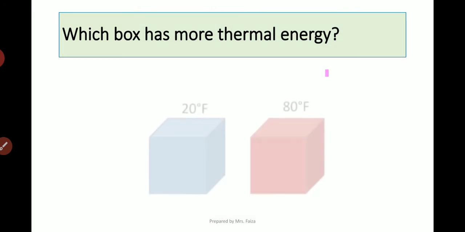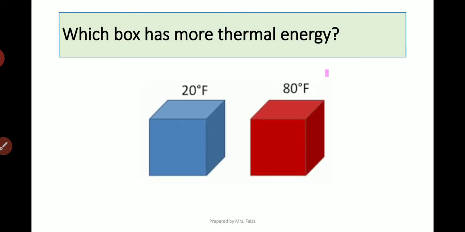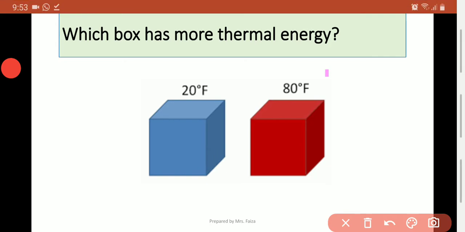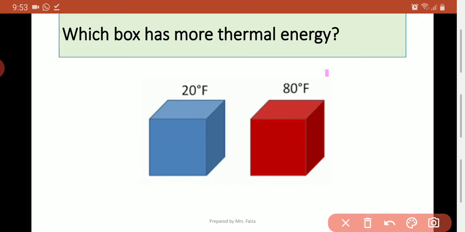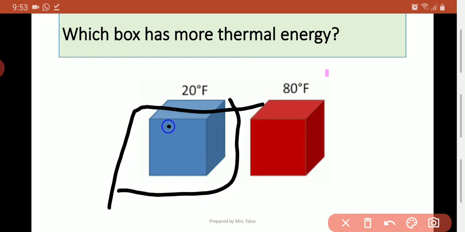Which box has more thermal energy? Both of them have the same mass. This is a big red cube, and this is a big blue cube, and also we have the same state, solid, solid.